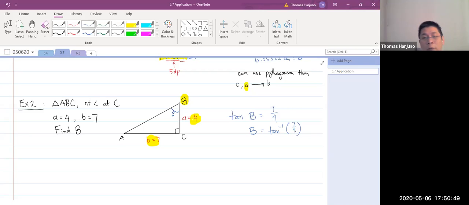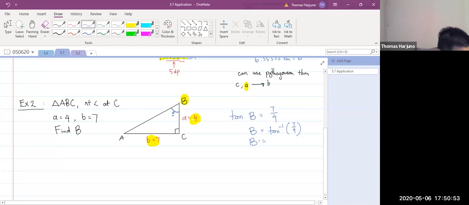So B equals tangent inverse of 7/4. You use your calculator together with me. I get 60.25512. Now, don't forget, I was in degree mode.